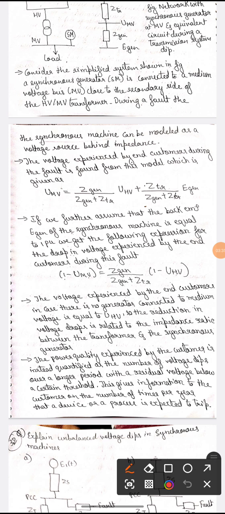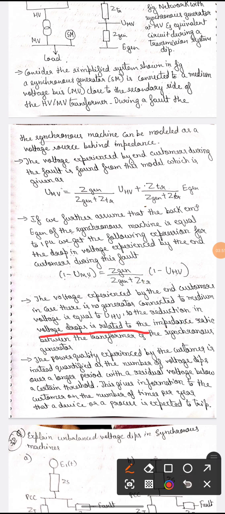When there is no generator connected, whatever the primary side voltage is will be the output side. So the reduction in voltage drop is related to almost the impedance ratio between the transformer and the synchronous generator.